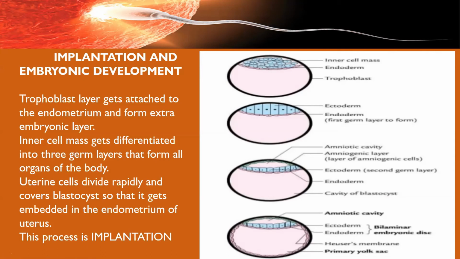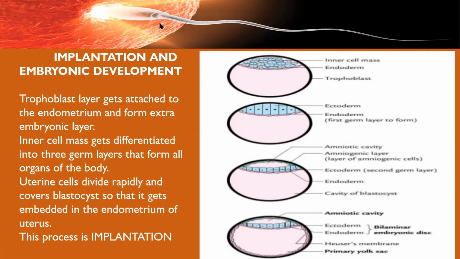Now all these divisions, that is the formation of the morula and the formation of the blastula, occur within the fallopian tube and the passage towards the uterus. The further division and the further differentiation of this blastula will occur only after implantation. What is implantation?